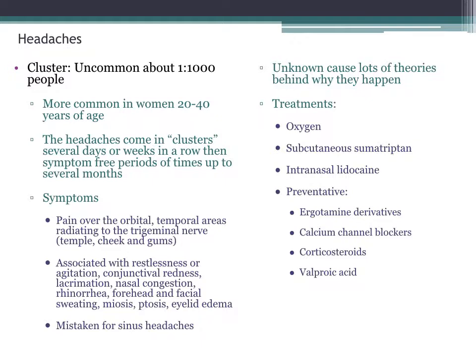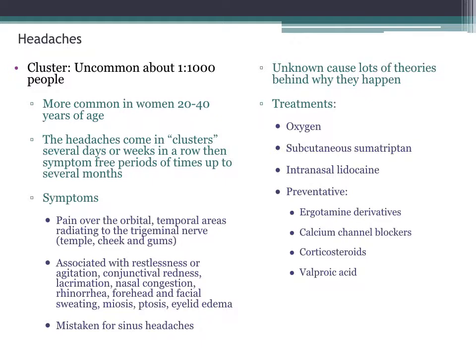As far as the symptoms, there are things like pain over the eyes and the temporal areas that radiate towards the trigeminal nerve, which is the area over your temple, your cheek, and your gums.